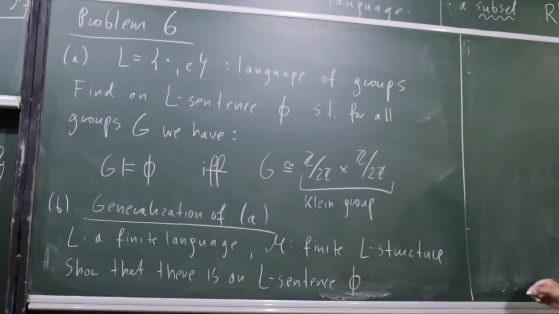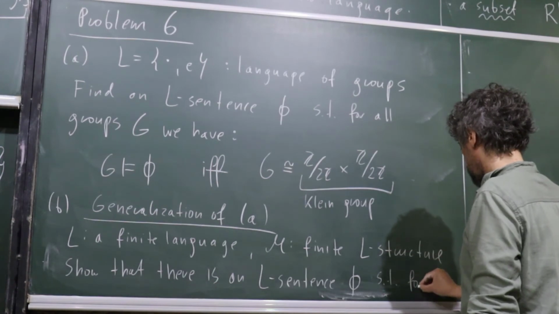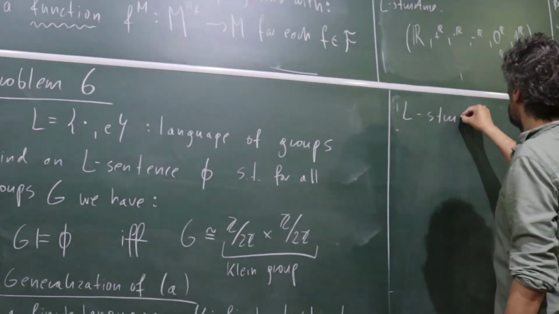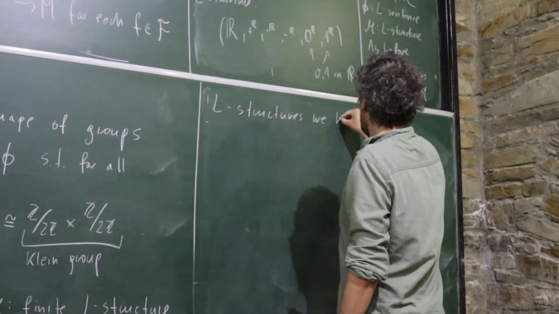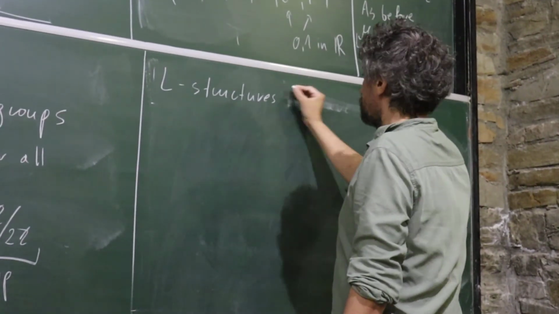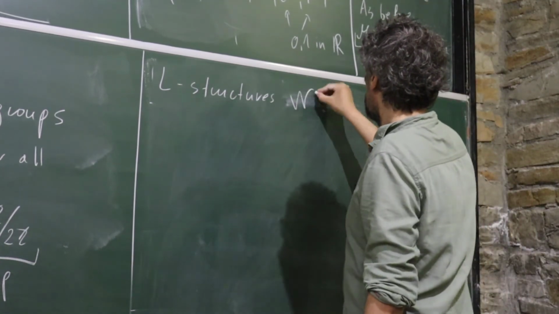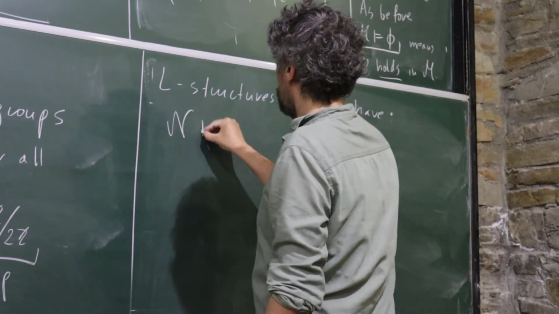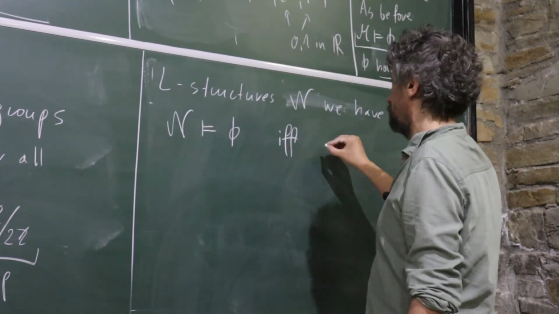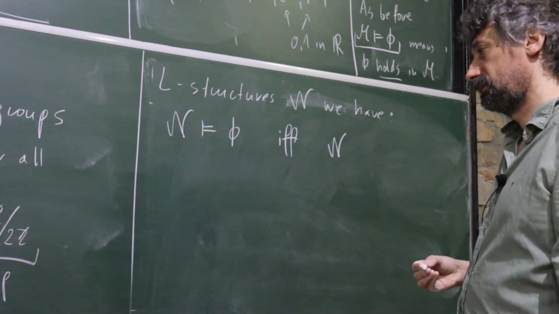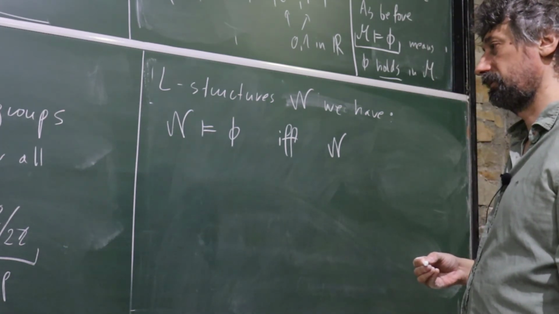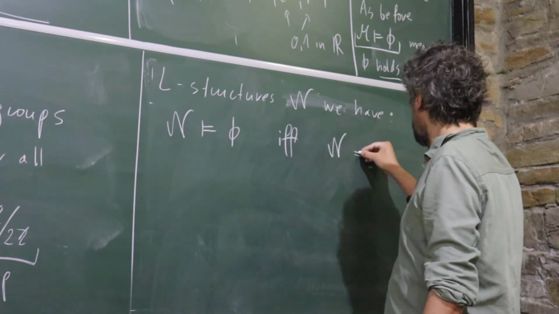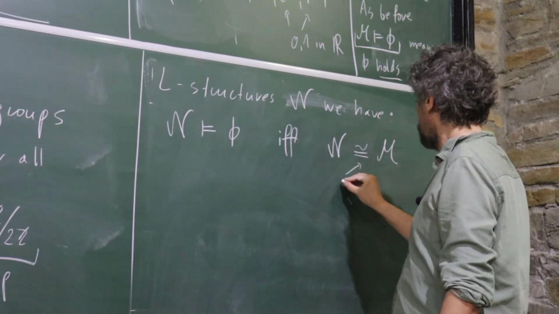Such that for all L structures N we have that N satisfies this phi if and only if N is isomorphic to M. Okay, now I noticed I didn't define what is isomorphism of structures in general. Sorry.